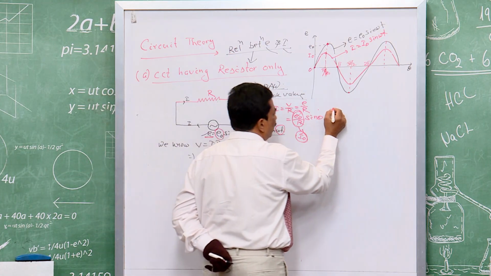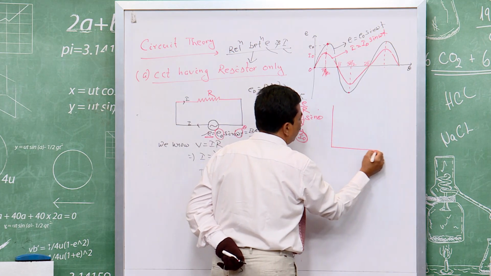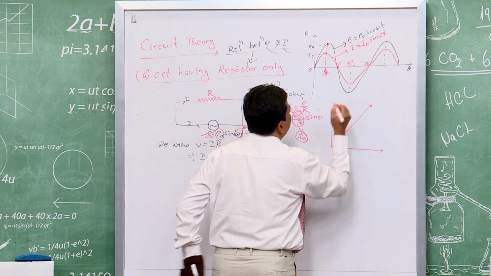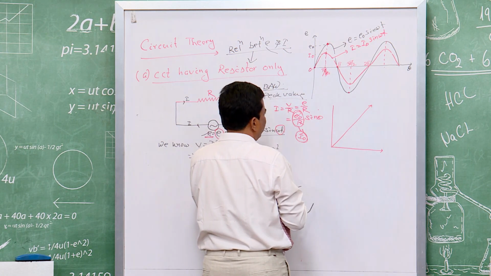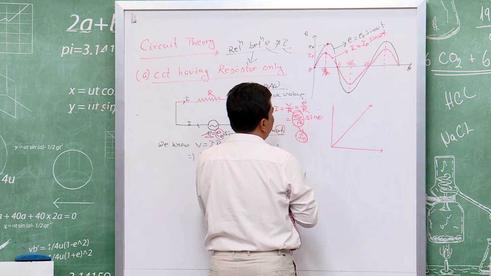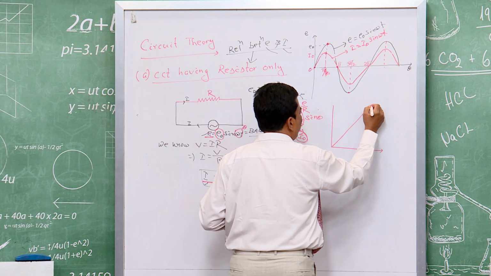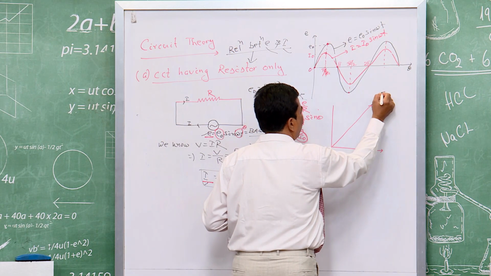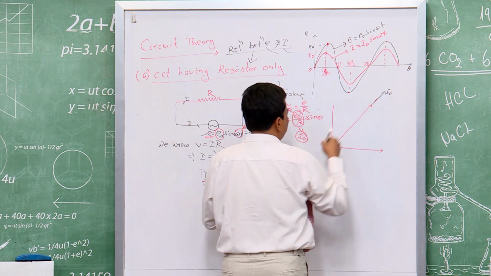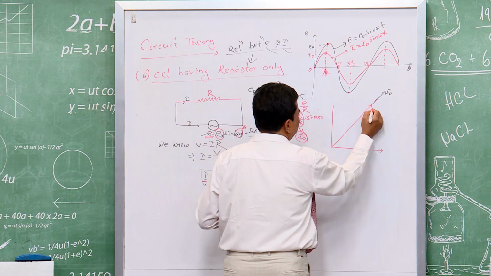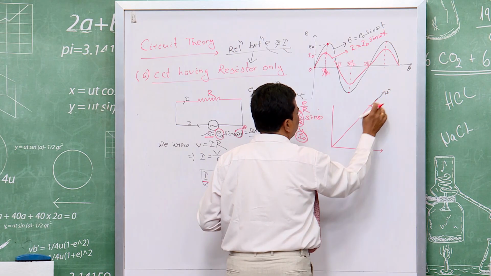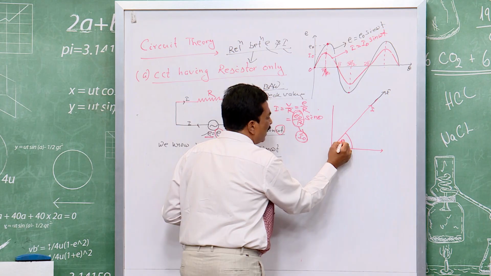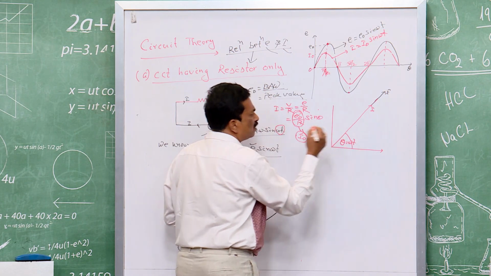If the two are plotted, suppose this is I, which we have taken in red, and the black is E. So this is E0 and this is I0, this is for E and this is for I. Both incline at the angle theta, which is equal to omega t.